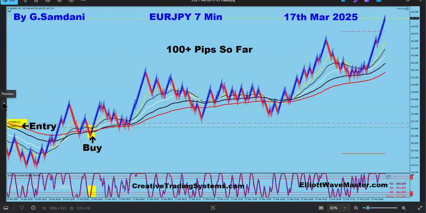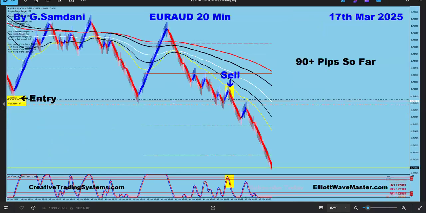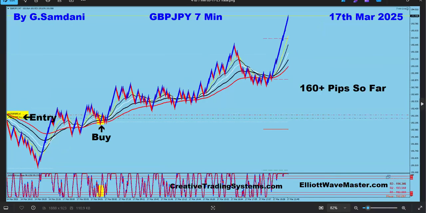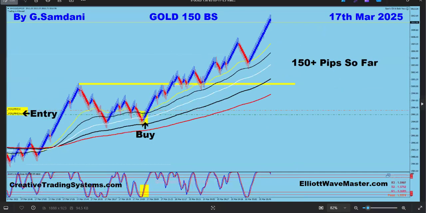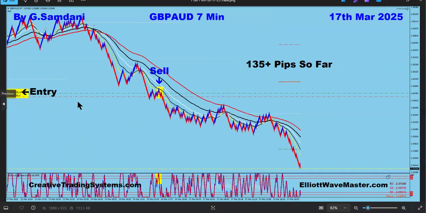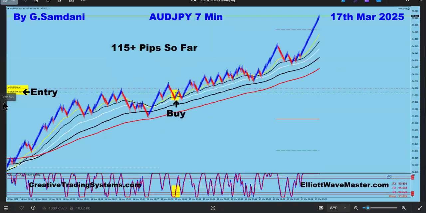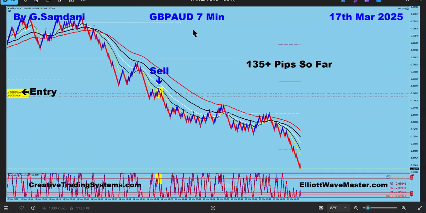You see this here: I had pound yen long, euro yen long, Aussie yen long for 115 pip, those three, right? Not all of them are going to give you the setup, but at least 3 or 4 will give you the setup, and then you take that. Anyway, so Aussie yen for 115 pip, and then after that you have a pound Aussie.